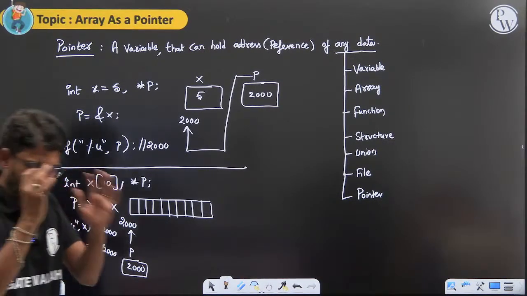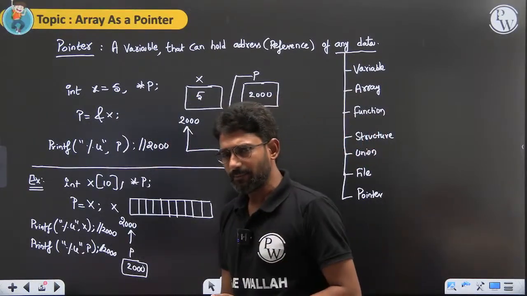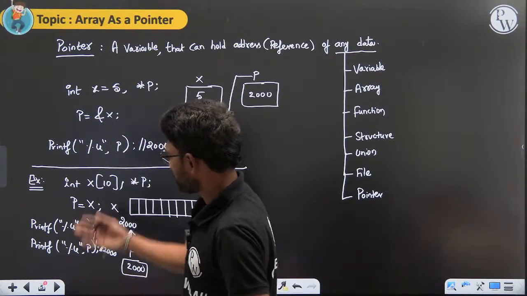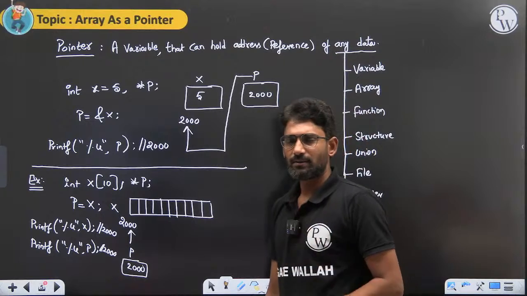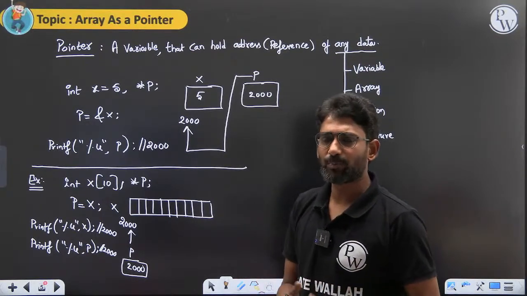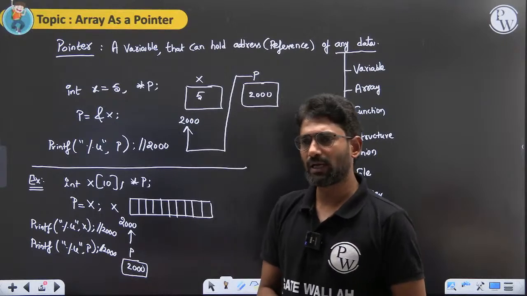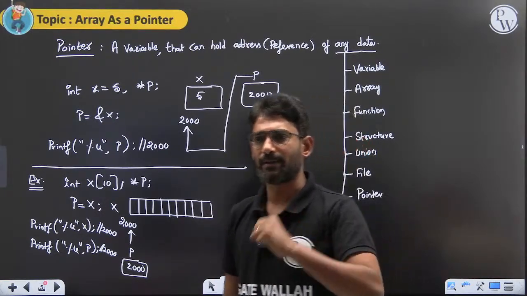So now the question is, can a pointer be replaced with an array or an array with a pointer, because both are printing the same address, giving the same output? Can we say both are exactly equal to each other? What do you people say?